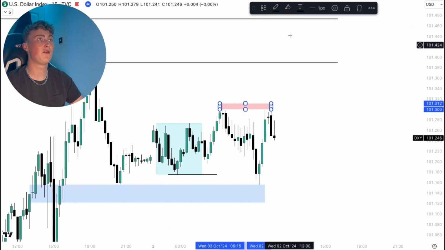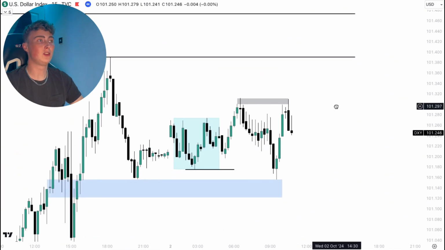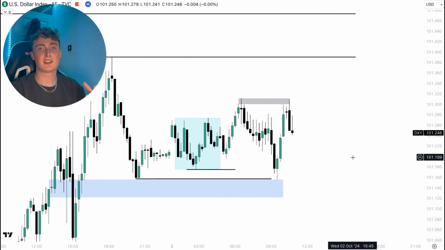So we have three targets now for price: equal highs, this old high, and this old high. And we've taken out Asia low and this old low. You can see that the market is just bouncing back and forth between liquidity points, which is why for me, it is a non-negotiable within my trading plan.